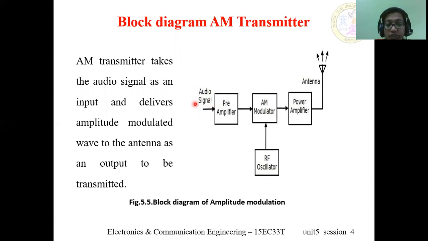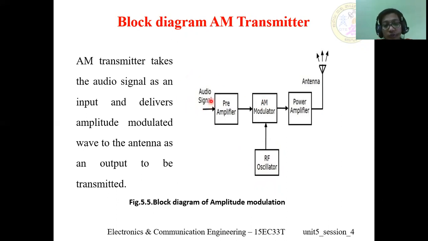This audio signal is strengthened by using a preamplifier. This amplified modulating signal is given as an input to an AM modulator. The other input for this AM modulator is the high frequency carrier that we take from the RF oscillator. These are the two signals we give to the AM modulator.